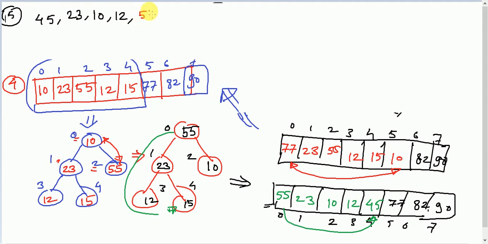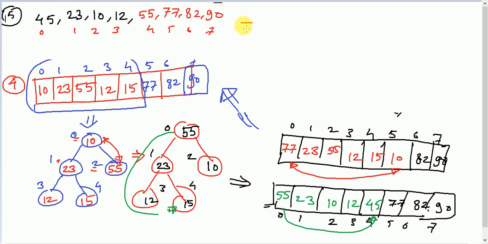So we'll get 55, 77, 82 and 90 at their places. So index 0, 1, 2, 3, 4, 5, 6 and 7.